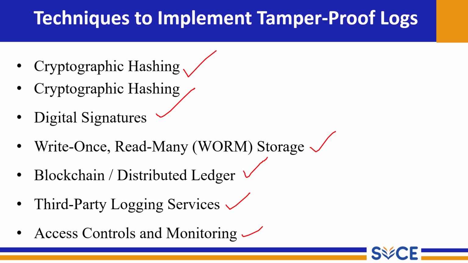So there are many tamper-proof audit log techniques. The first is, as we said, hashing and hash chaining, then cryptographic signing, then immutable storage, then timestamping, and one more is remote logging, that is offsite storage.